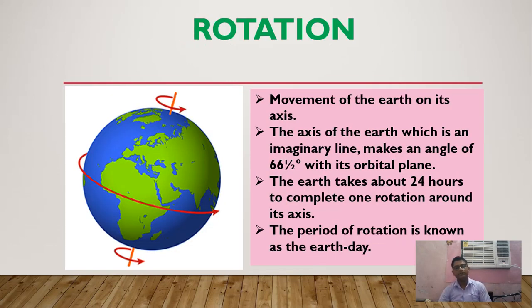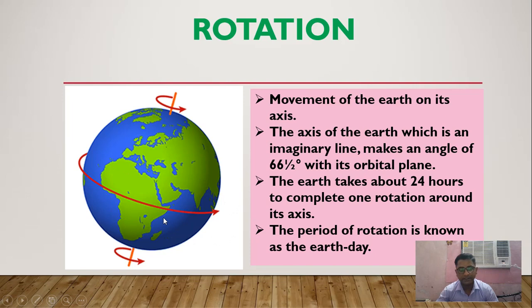First of all we will discuss rotation. I will teach you about rotation. What is rotation? Check here. देखिए, according to this arrow, our Earth moves like this from west to east. इस तरह से जो हमारी Earth है, ये move करती है.